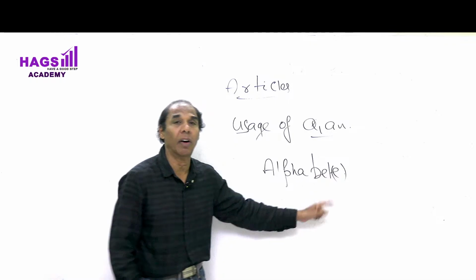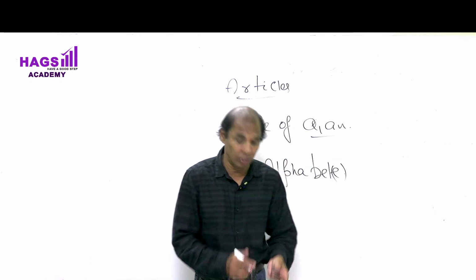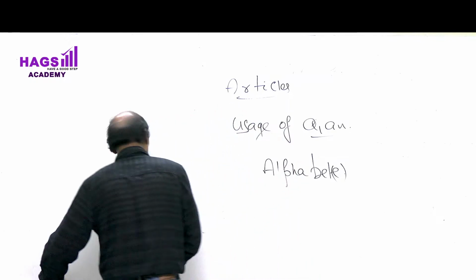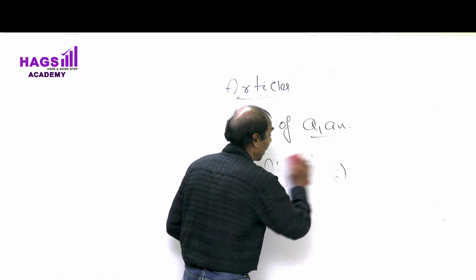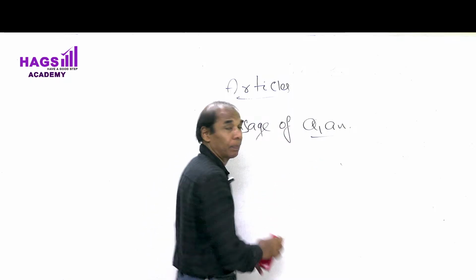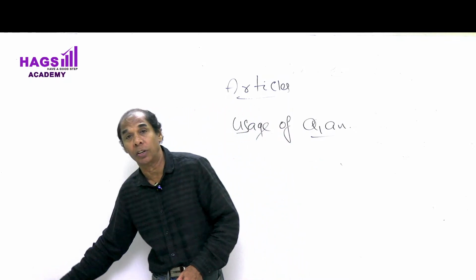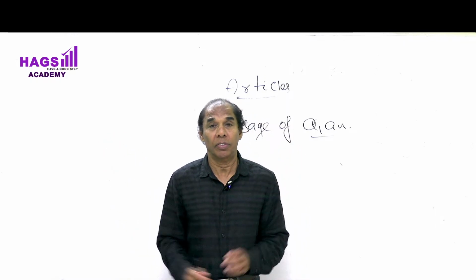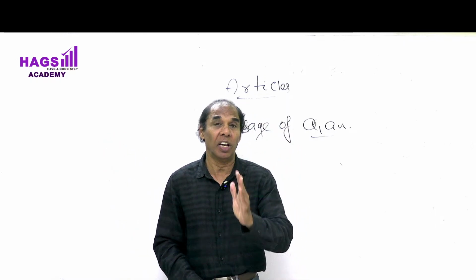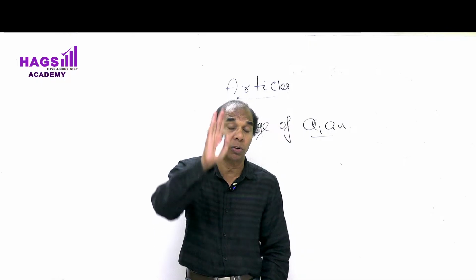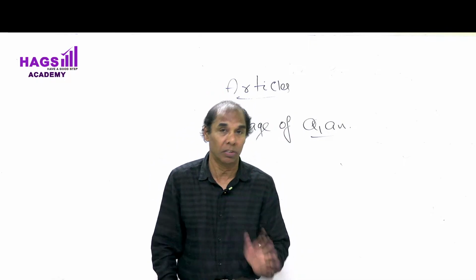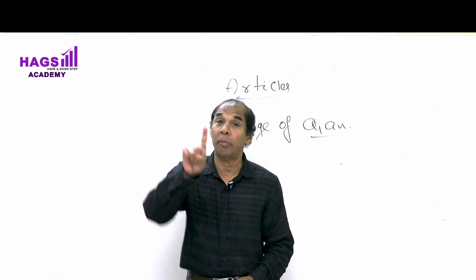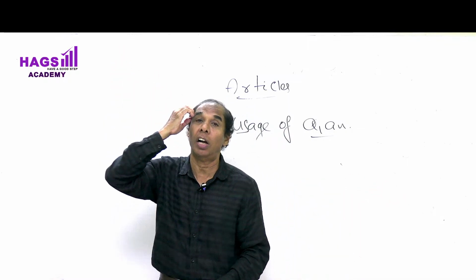We call these 26 letters the alphabet. Again, the alphabet is further divided into two parts: vowels and consonants. A-E-I-O-U, these 5 are called vowels. Don't say "vowels" wrongly. Vowels. A-E-I-O-U, these 5 are called vowels, and the remaining 21 are called consonants.